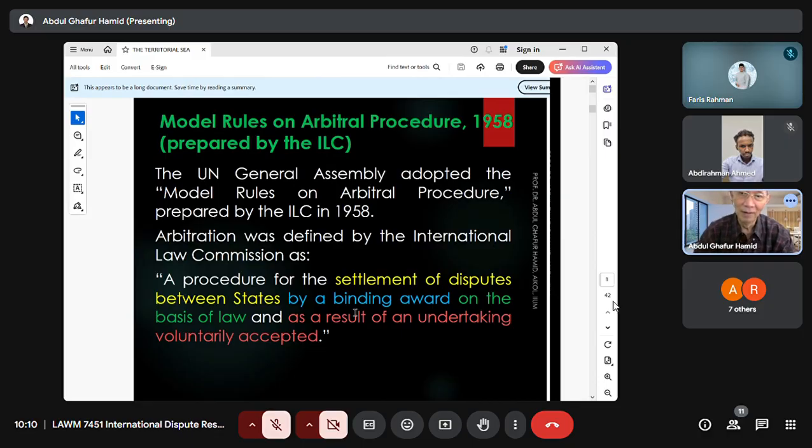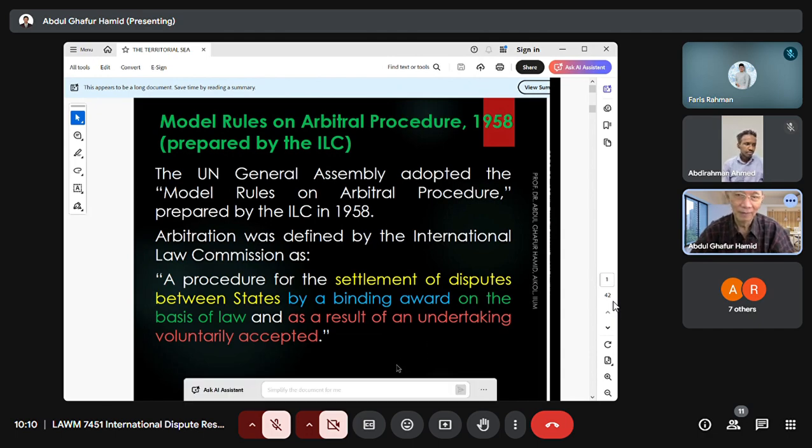Okay? So in this model law of 1958, international arbitration was defined as a procedure for the settlement of disputes between states. This is the first requirement of interstate arbitration: settlement of disputes between states. Number two, by a binding award, the arbitral award is legally binding.